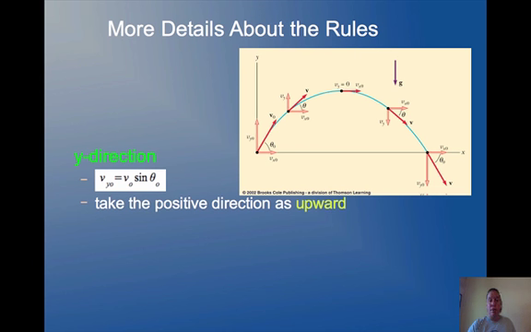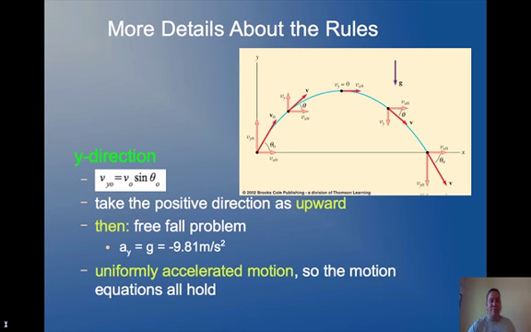Take the positive direction, I'll show that again so you have that in your notes, but take the positive direction as upward. That's classic. Again, if you set it up the other way, just be consistent. But if we make it up as positive, then of course we're looking at a free fall problem, and a_y, the acceleration, is negative 9.81 meters per second squared. In this case, we have uniform accelerated motion.